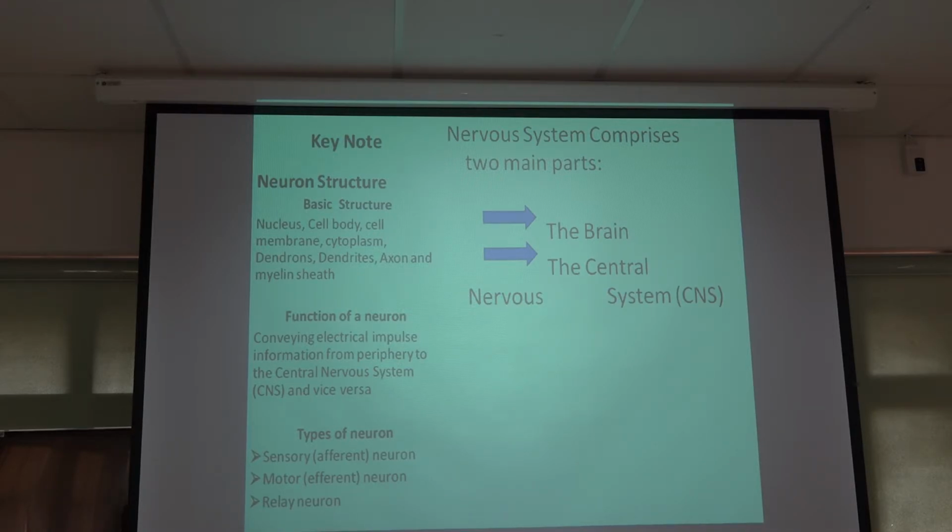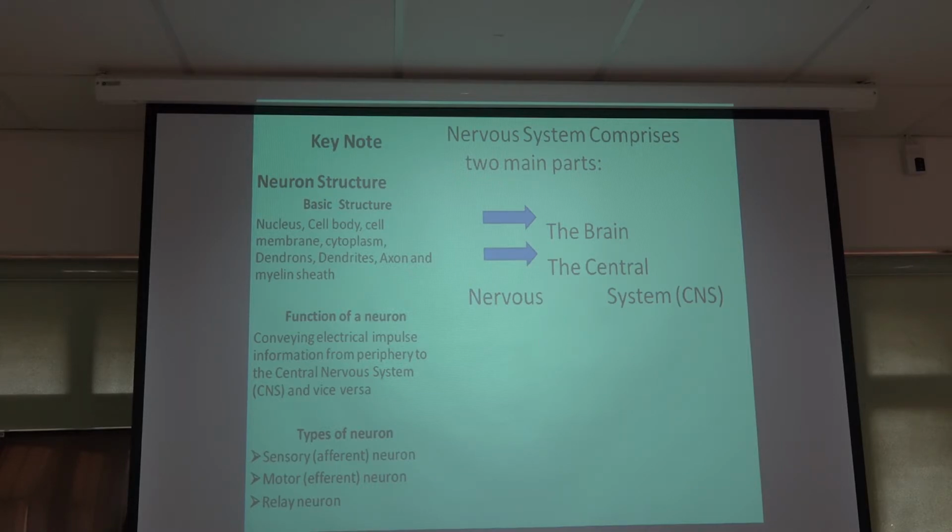Now, to connect the information that is transmitted from the sensory neuron to the central nervous system and the brain, the connecting neuron is called a relay neuron or interneuron. And these interneurons are so many in our bodies.